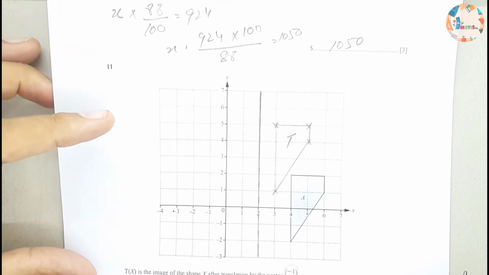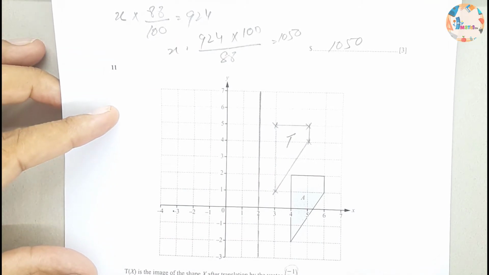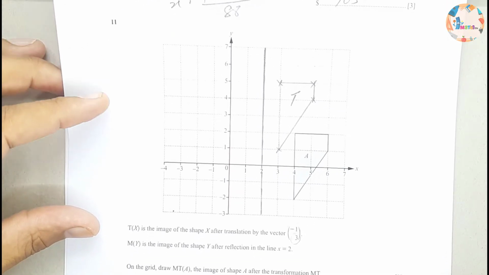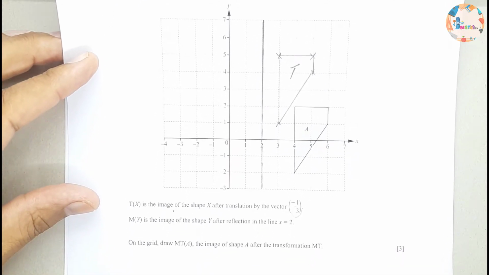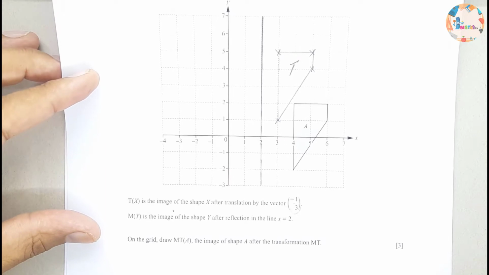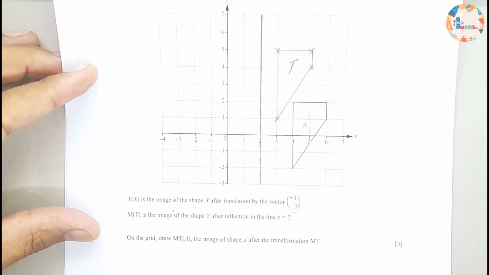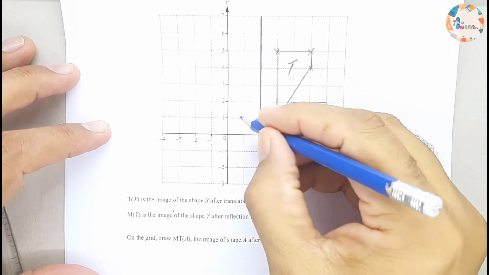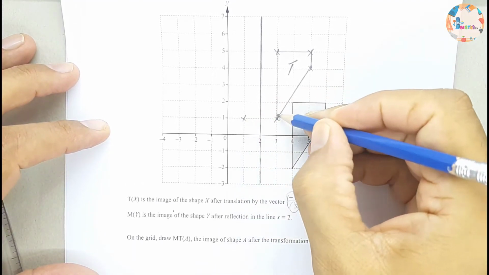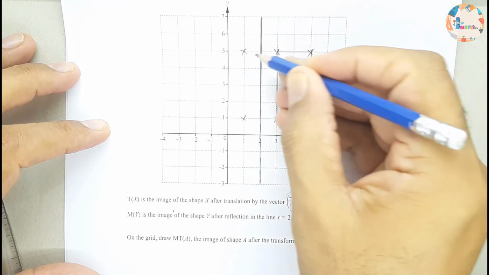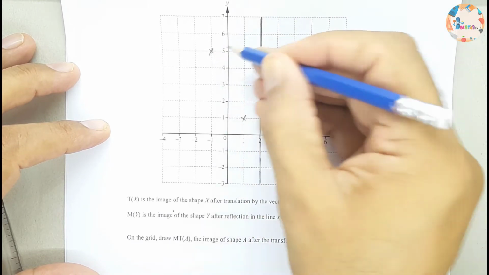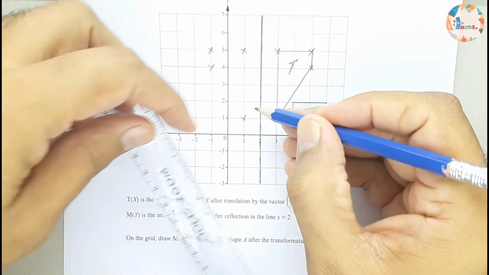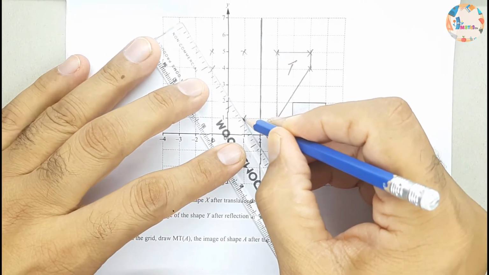Now we have to reflect the shape y basically. So reflection of this will be 1 unit over here, and this one unit, and this is 2 units, so 2 units to the left and 1 unit down, and this will be basically the reflection.